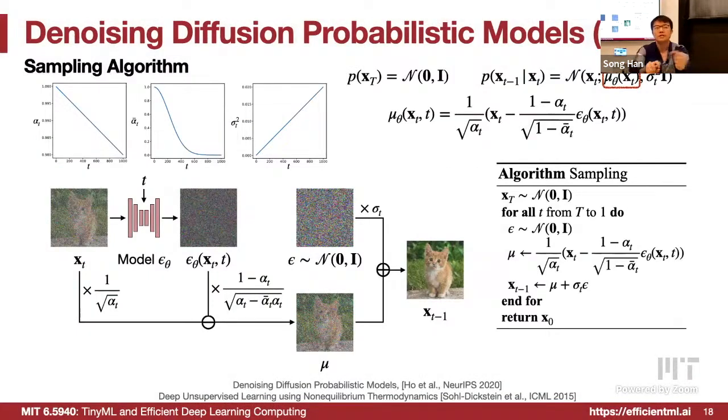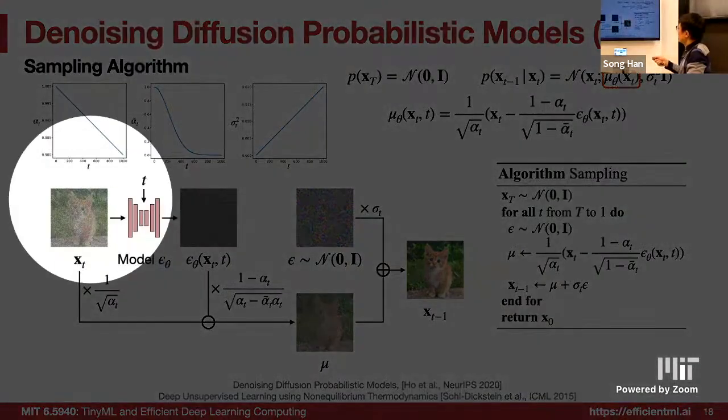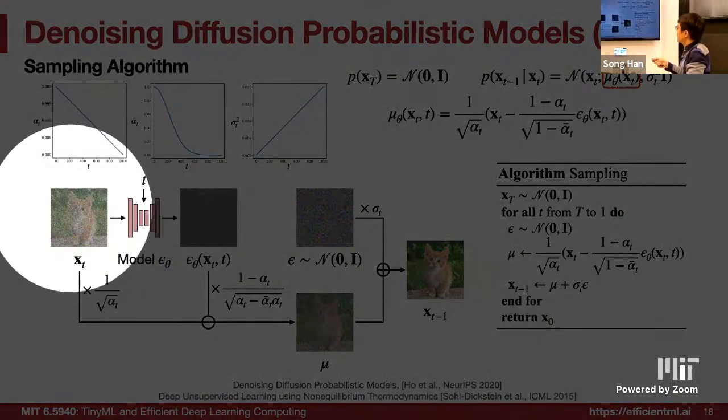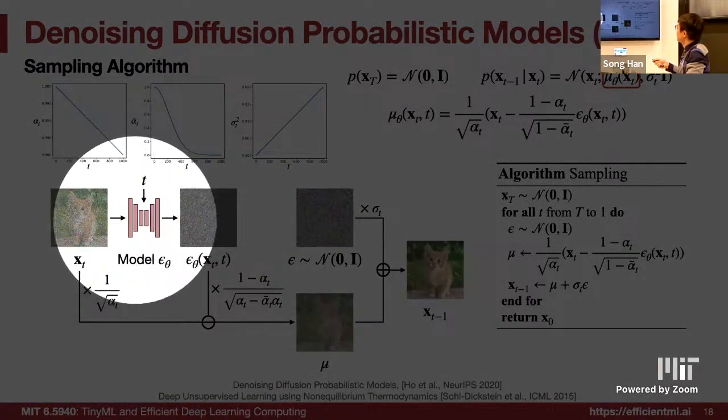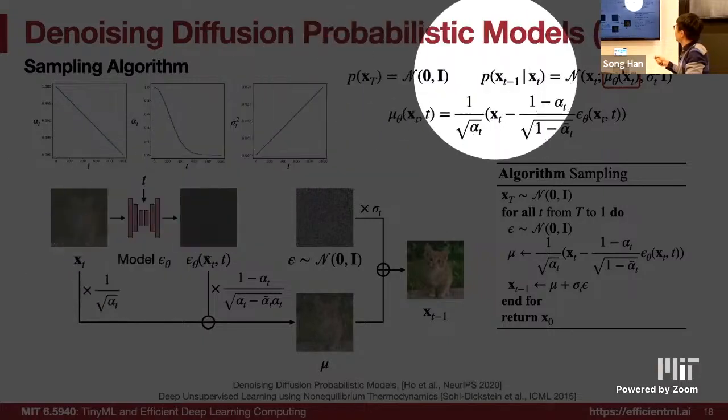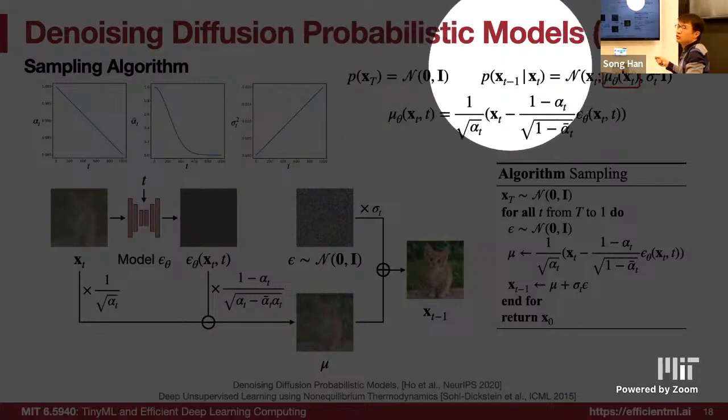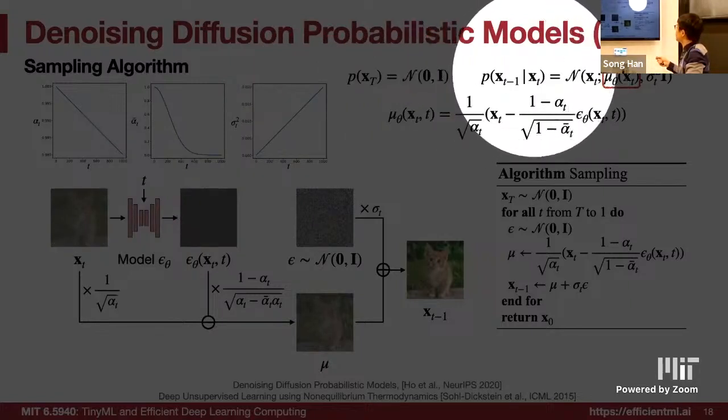What about inference? What are we doing during the inference time? Given a noisy input xt, we pass it through the model epsilon theta. What are we trying to predict? We are trying to predict xt minus 1. We already have the relationship between xt minus 1 and xt.